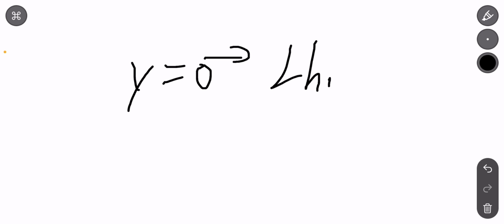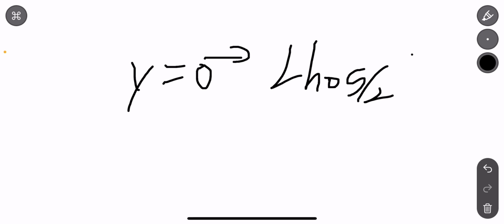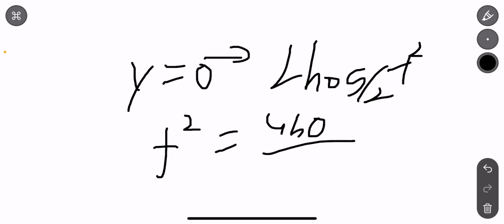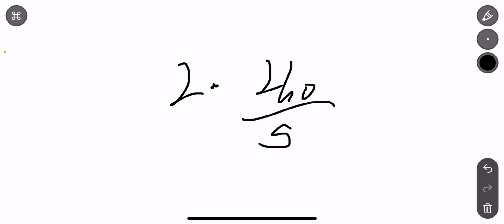Great. So now we're left with, after we cancel that out, this is if y was going to be 0, continuing, and then 2h0 equals g over 2 t squared. We will be left with t squared equals 4h0, h0 being the initial height, over g. Now, if we continue to simplify this, we would get 2 times 2h0 over g, and t squared equals this.